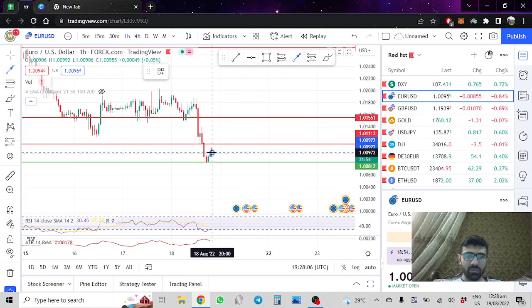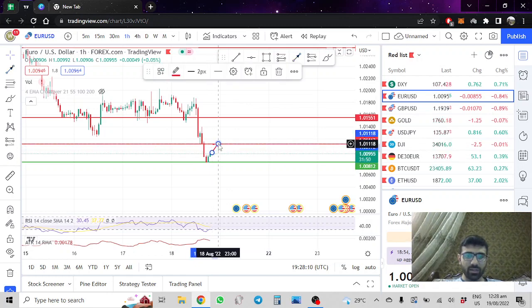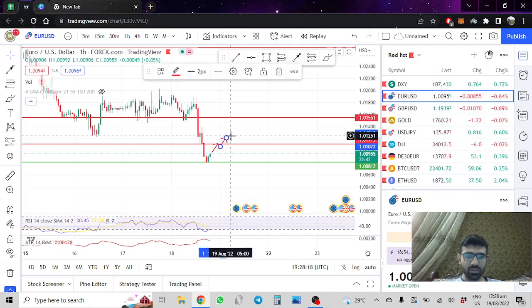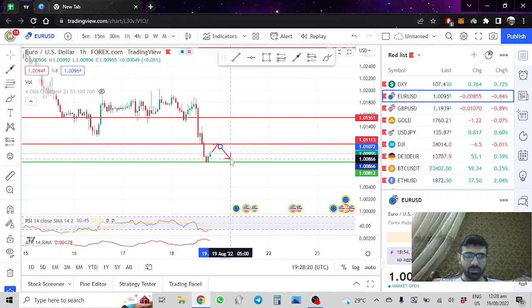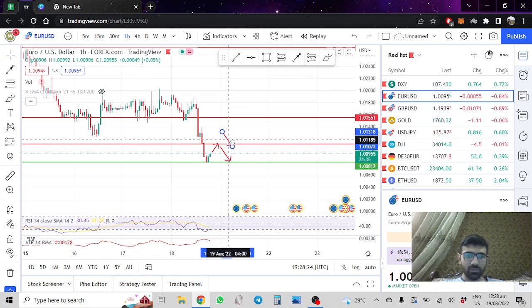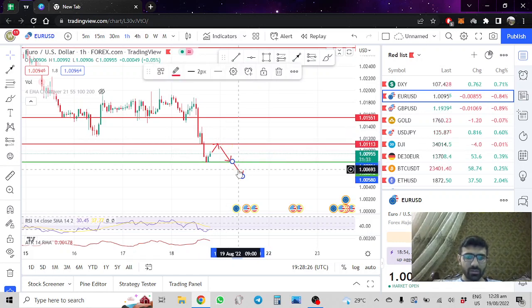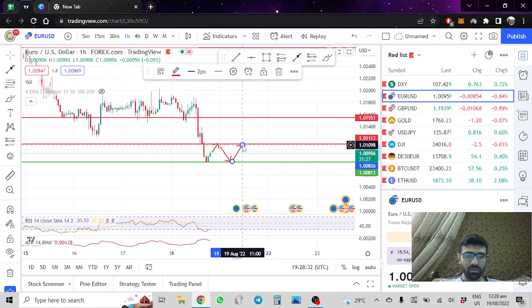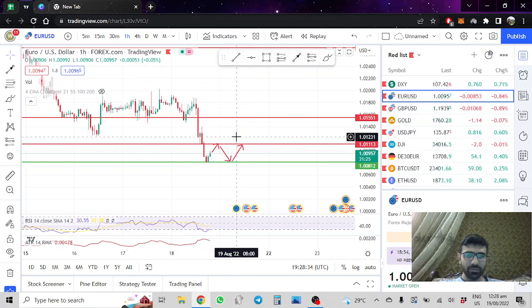If we have to go long, then we are gonna wait for the market to respect this area, and we have to make sure that the market respects our bottom area, this bottom again. If this happens, then we can go long. If the market closes with a green candle, then we can maybe go long till here.